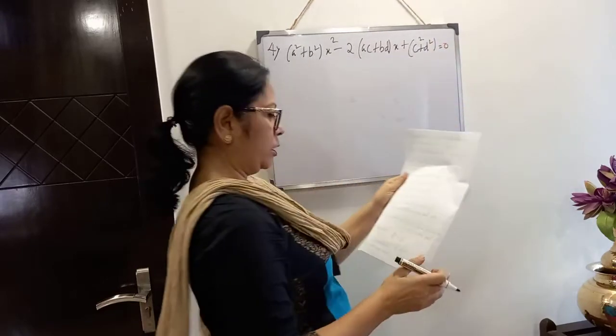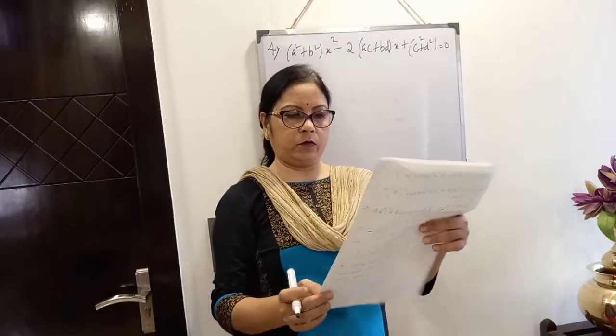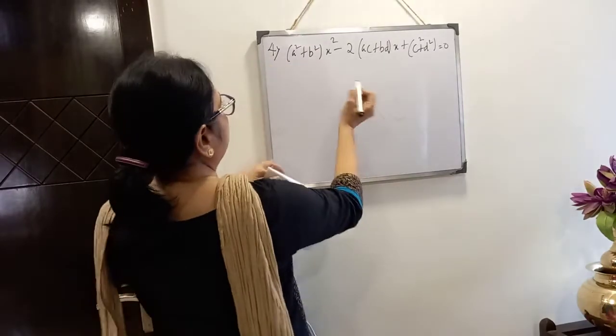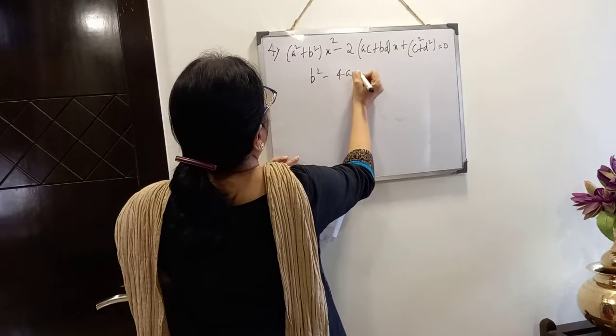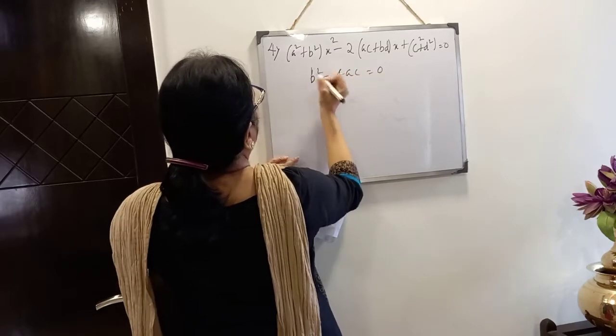This is the equation. And it is told that roots are real. That means discriminant equals 0. Roots are real, so b square minus 4ac equals 0.